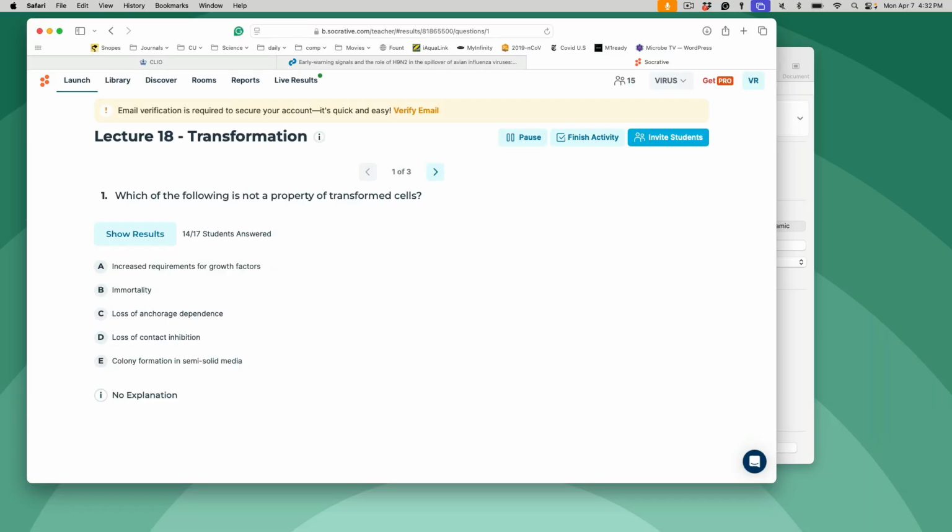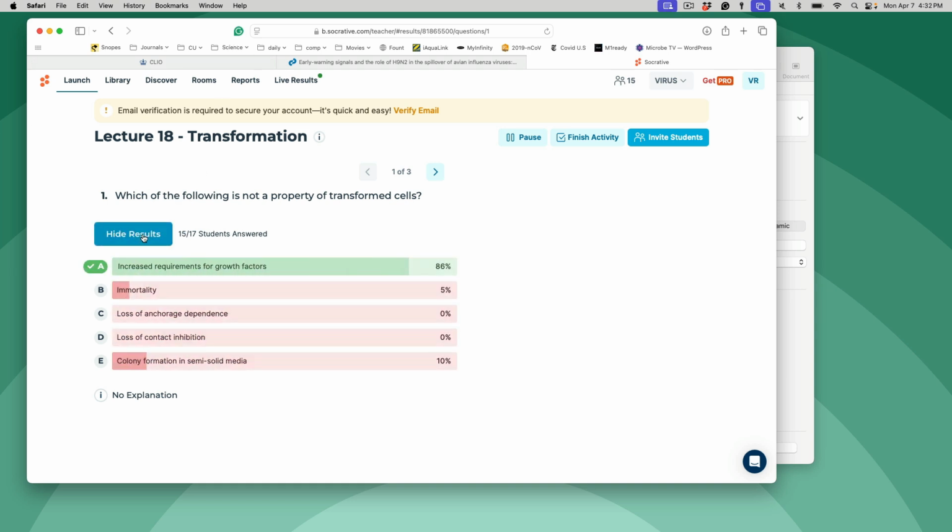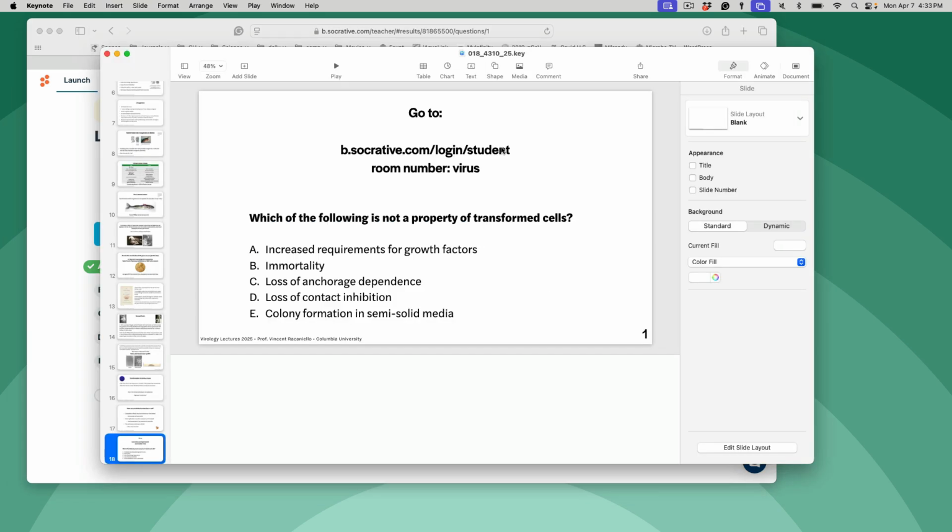All right, how did we do? Right, number one is the correct answer. Increased requirements for growth factors is not a property. It's decreased requirements for growth factors. Immortality is clearly a property, and colony formation in semi-solid media is also a property, as I've told you.